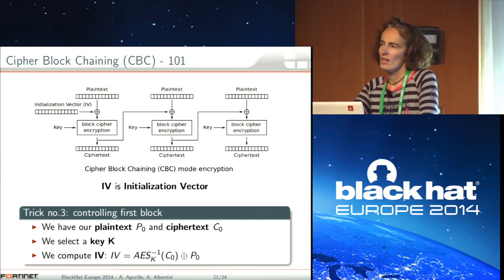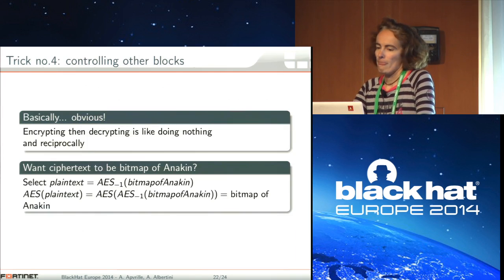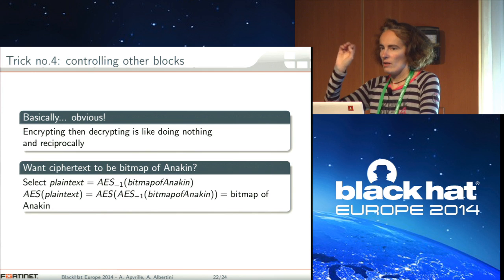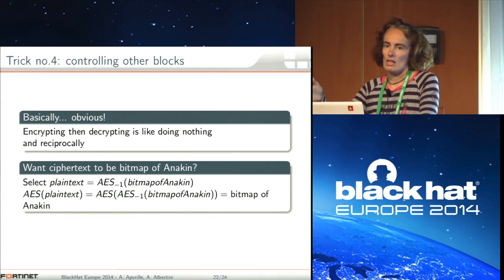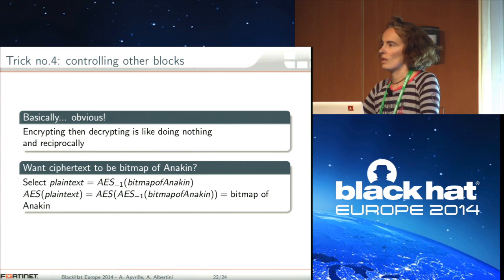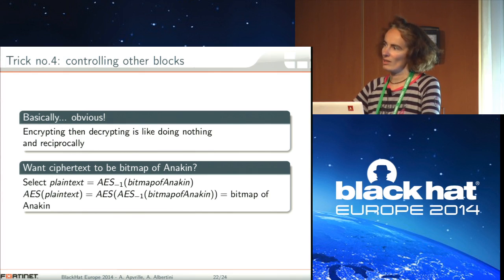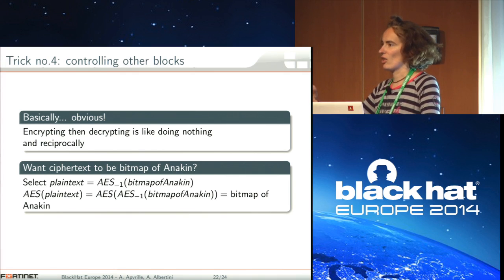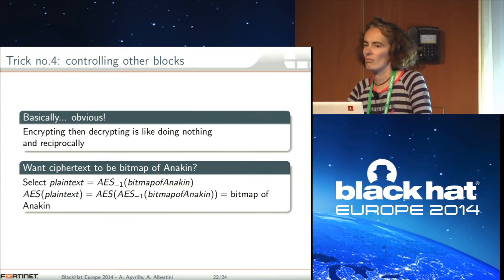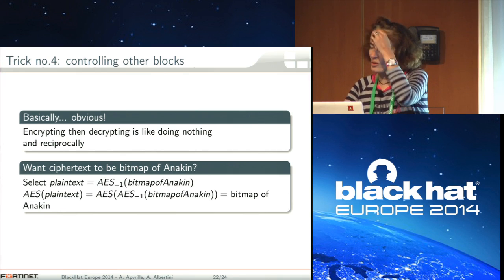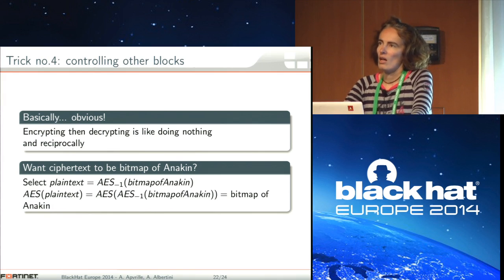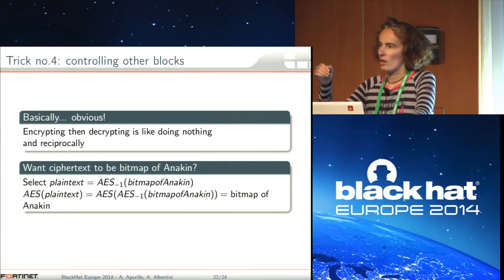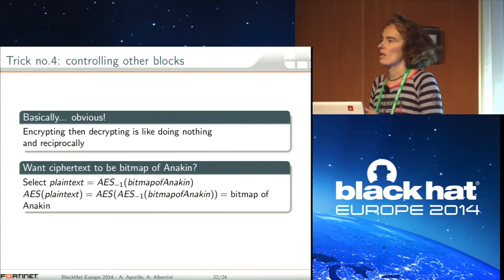For the other blocks, we are using another trick. It's really based on a very simple remark, which is that whenever you are encrypting something that you have previously decrypted, you get back the identity, or reciprocally, if you're decrypting something you have just encrypted, you get back the initial plaintext. Otherwise, encryption would not be working. So in our case, again, we want our ciphertext to look like the bitmap, the pixels of Anakin Skywalker.